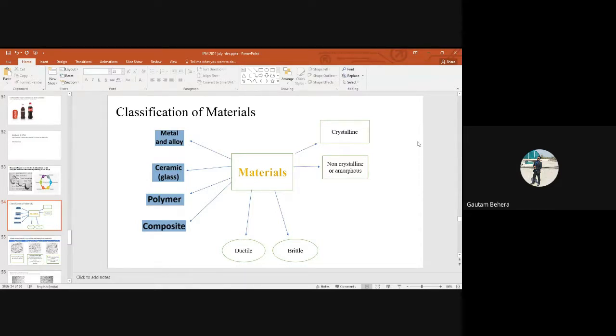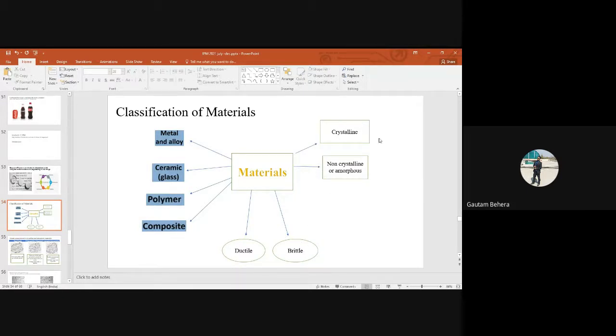But we can classify the materials further into two categories: crystalline materials and non-crystalline materials. Non-crystalline materials are also called amorphous materials. And there is another way of classification: ductile materials and brittle materials, on the basis of mechanical behavior, whether the material is ductile or behaving in a brittle way.